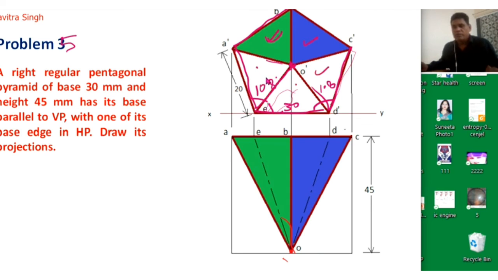Okay, so when we see this from the front, we can see only 2 surfaces, in the green color and in the blue color. So this will be projected like this. Okay, and this surface will be projected like this, and the remaining surfaces will be on the back side of these 2 surfaces. Okay, so this is the top view and this is the front view of this pentagonal pyramid.